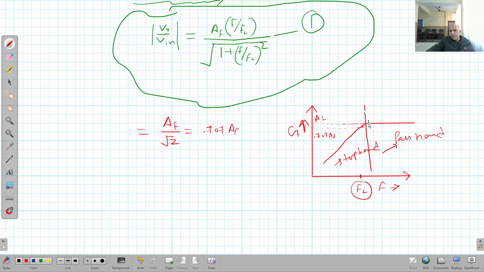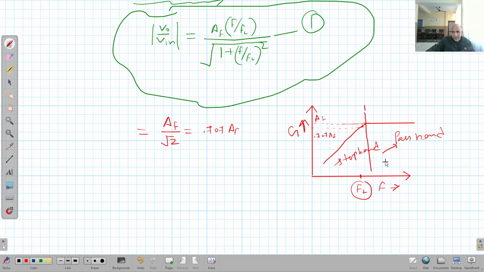But otherwise it will not be a straight line in such a way, but it will have some curves, right? But one thing is sure, that as F is greater than FL, this term is stable, right? And it is increasing, but it is not decreasing. It is increasing, and ultimately it is going to become stable.